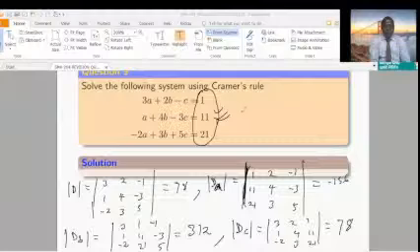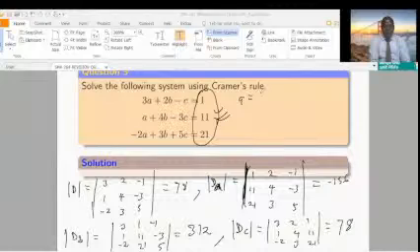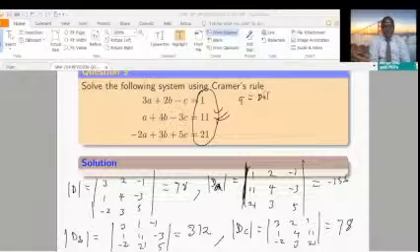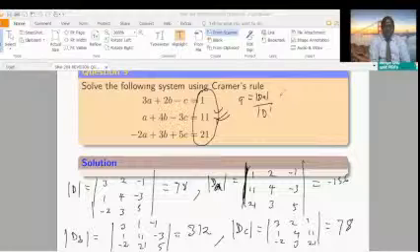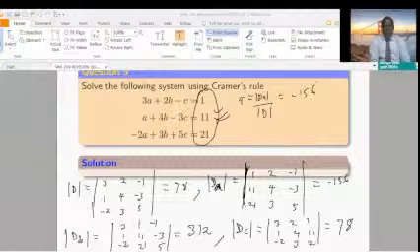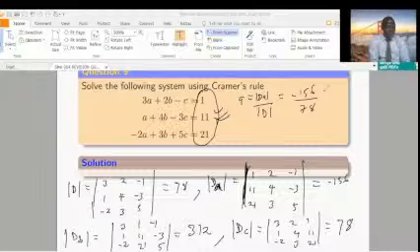Now, let's go to the solutions. What is A? A is the determinant of dA divided by the determinant of D, and this is negative 156 divided by 78. That gives me negative 2. What about B?